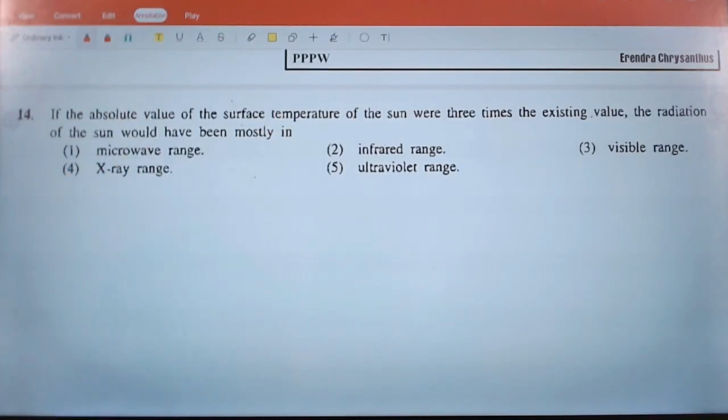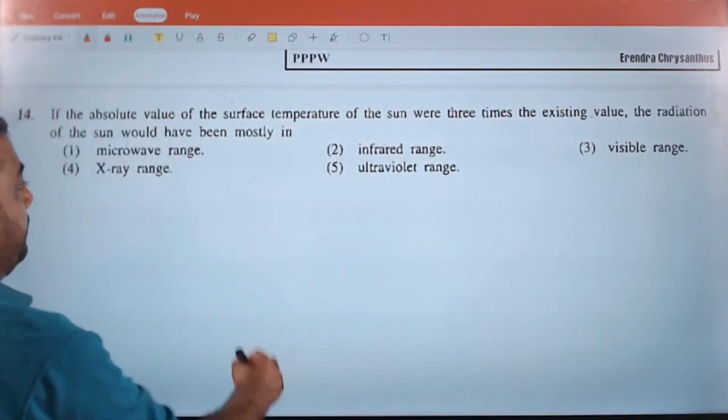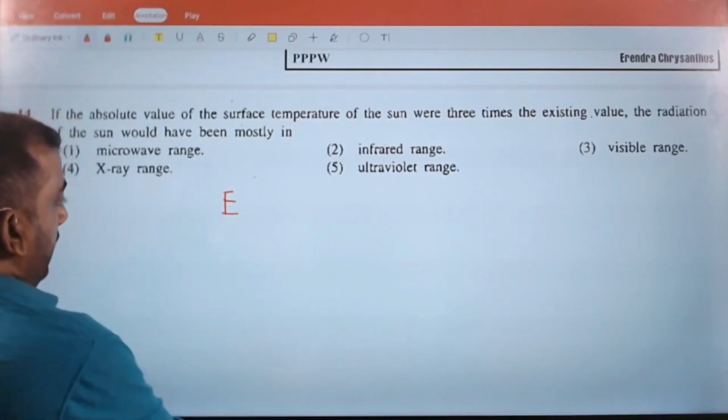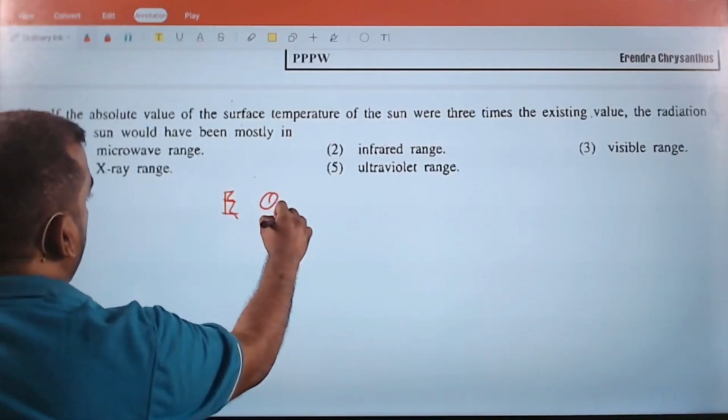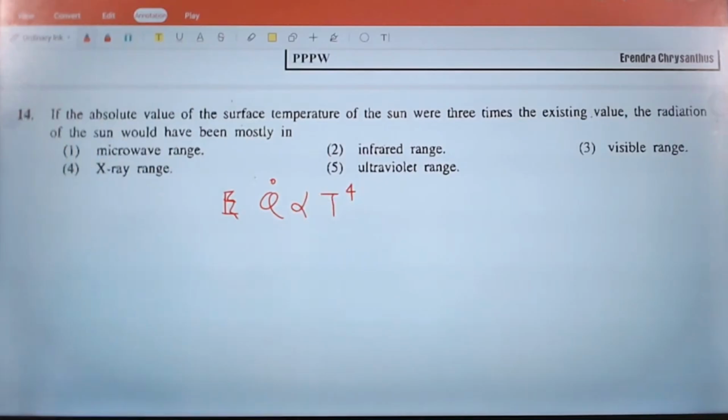If the absolute temperature of the sun were 3 times its existing value, the radiation of the sun would have been mostly in which range? The rate of radiation energy emitted is directly proportional to the 4th power of absolute temperature. So what happens here is the sun will radiate almost any type of radiation.